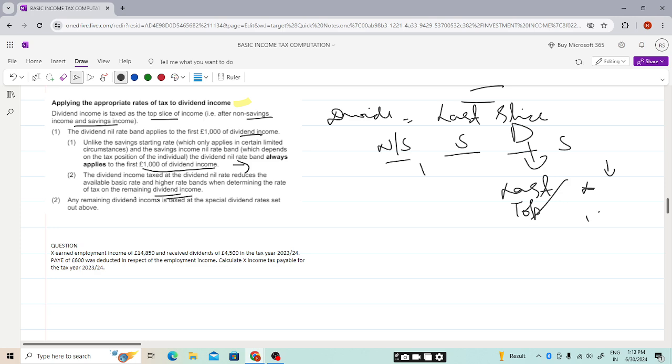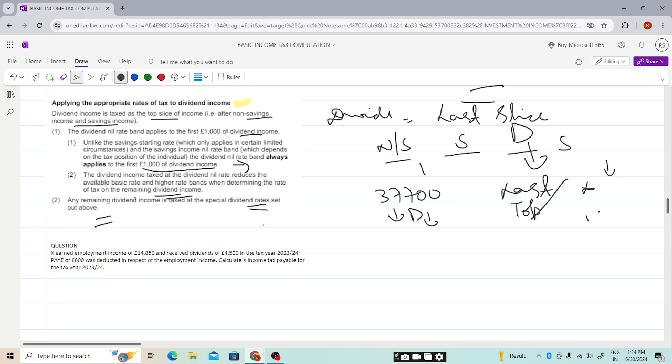Same as what we studied, that the band of 37,700 basic rate limit will be reduced by the nil rate band of dividend first, then by the excess, then higher rate, same as the saving income. Any remaining dividend income is taxed at the special dividend rates set out above.